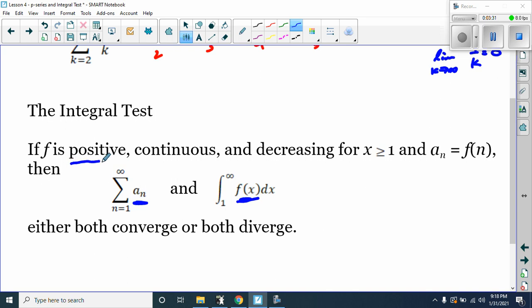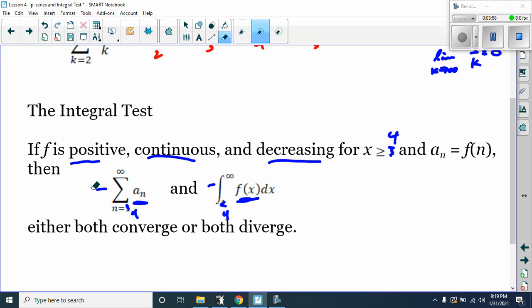Most of this stuff isn't terribly important. It does always need to be positive, or at least eventually become always positive. Also, if f is always negative, you could just take a negative out, and then show that they both do it as well.